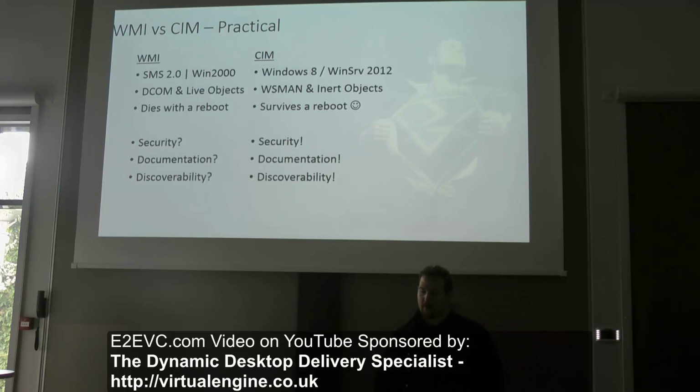And discoverability, well, SIM not exactly, but PowerShell, it is all about discoverability. So if you use PowerShell and SIM together, you can learn SIM, the options that are available through PowerShell, very quickly. And the most important thing, like I said, WMI uses live objects, SIM uses inert objects.